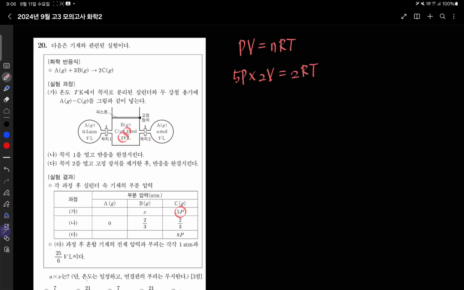And because temperature is constant, in this equation, RT is equal to 5 times PV.